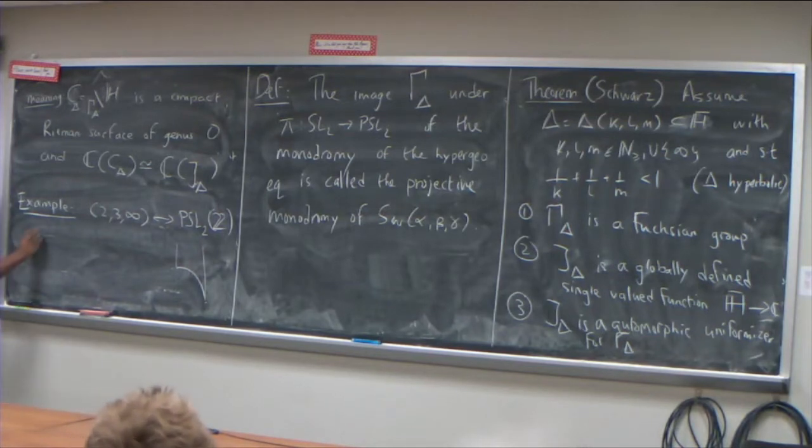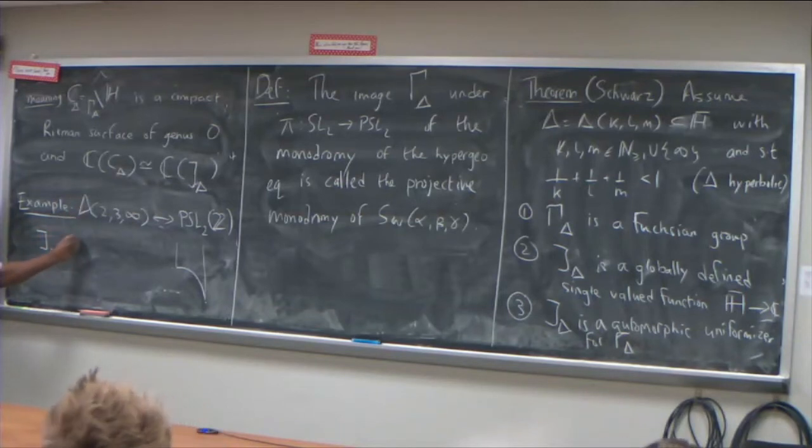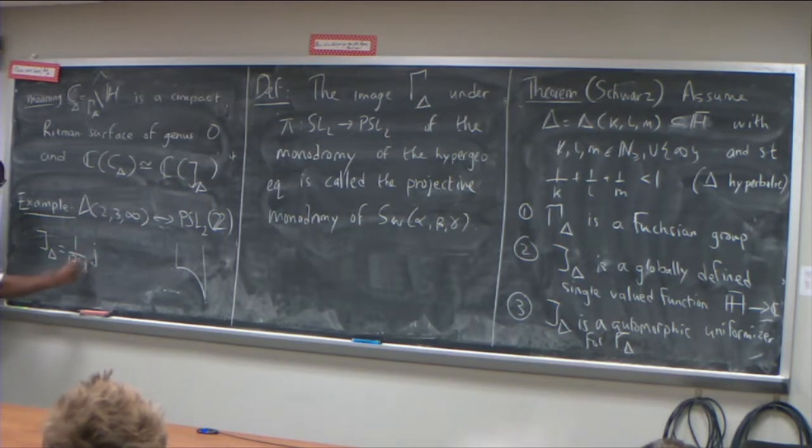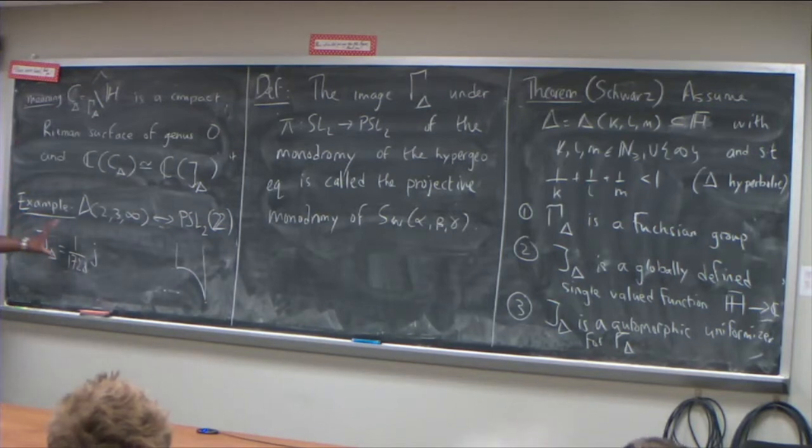And then J in this case is 1/1728 of the J function, 12 cubed of the J function. So the uniformizer here doesn't give the J function itself, but it's related to the J function.